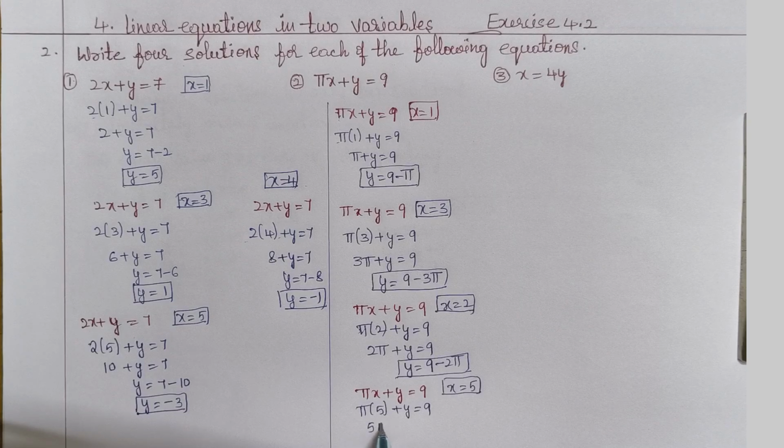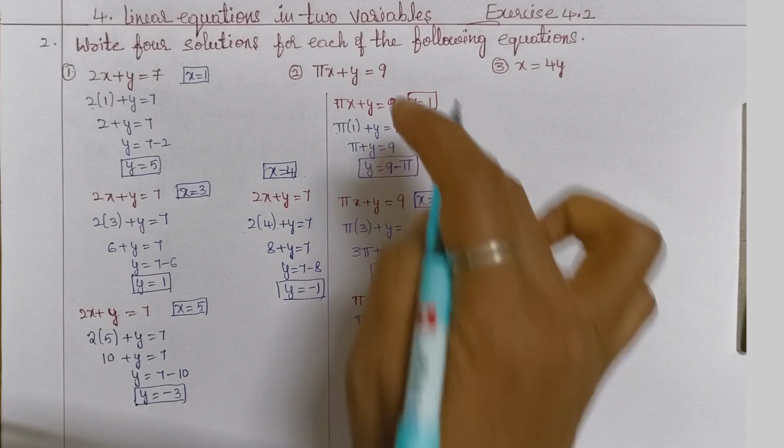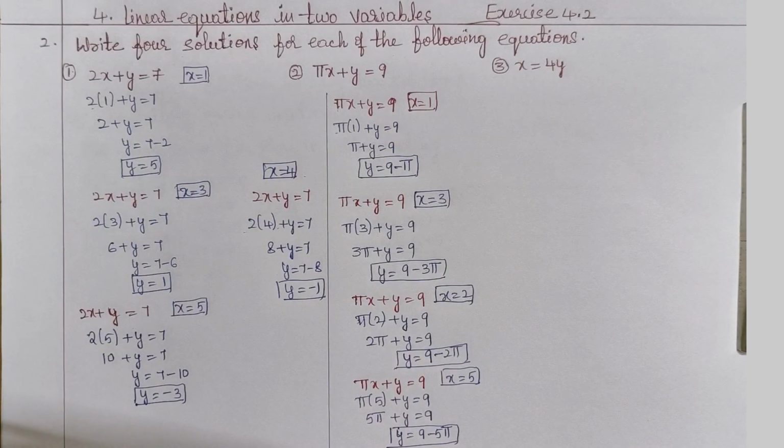It is 5 pi plus y is equal to 9. So y is equal to 9 minus 5 pi is the answer. Okay, are you clear on this one? Like this you have to do. Any number you take, not just this number, anyone you take and you try it.